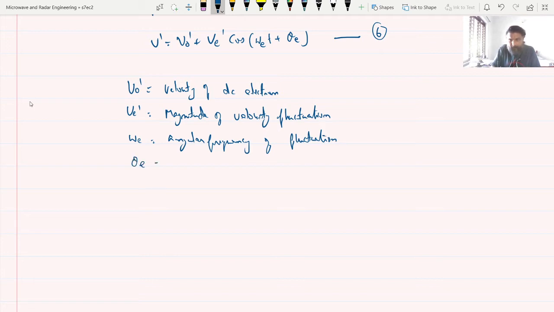Theta e is nothing but the phase constant of fluctuation. Okay, that is correct, phase constant of fluctuation.